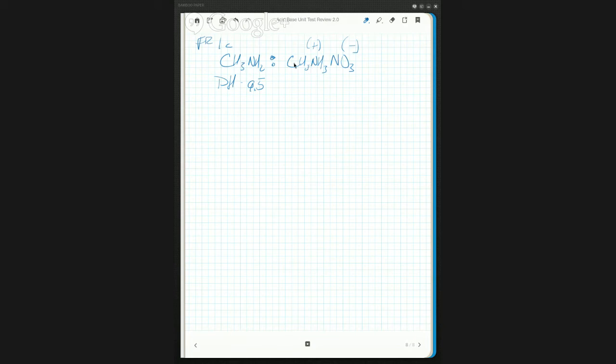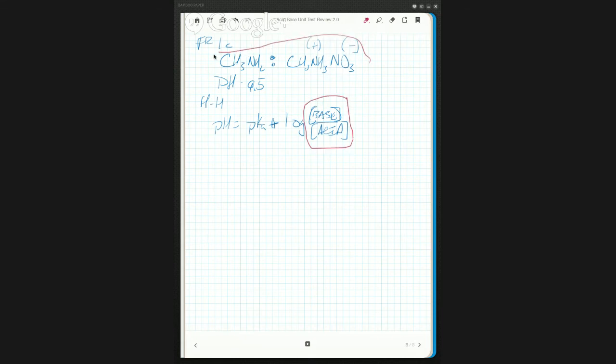And so if it's a buffer and they give you the pH, you're probably dealing with the Henderson-Hasselbalch equation. pH is equal to pKa plus the log of the concentration of the base over the concentration of the acid. And as it turns out, this is what we're looking for right here, this number.